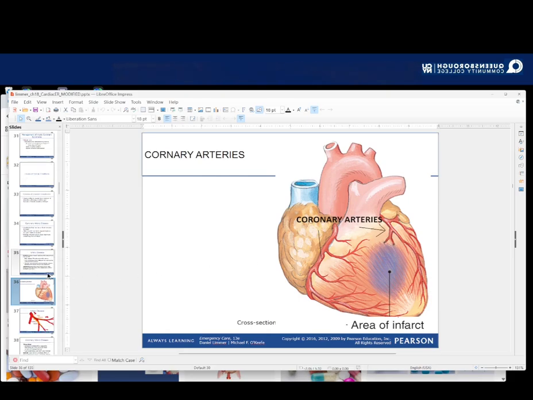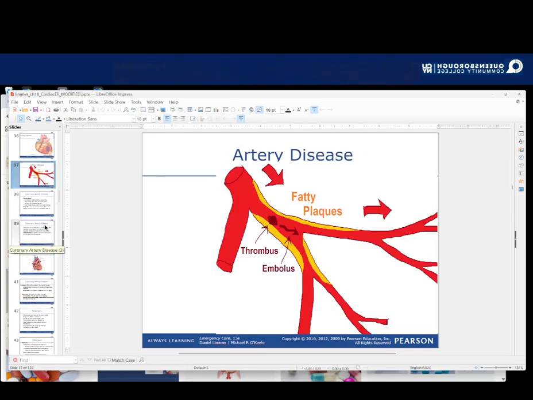A common reason why, not the only reason, but a common reason, especially here in the United States, especially in Queens, New York, is a disease where fatty deposits build up inside the arteries, reducing the amount of blood that can pass through.